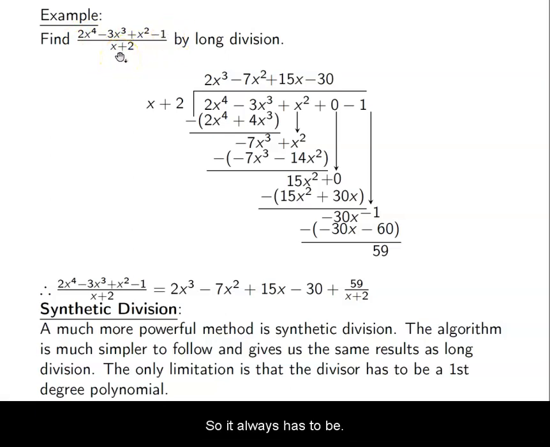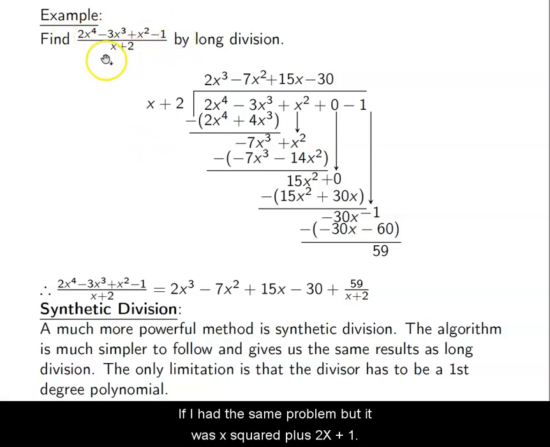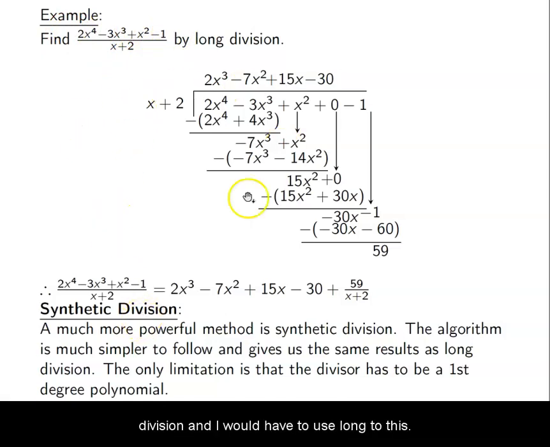So it always has to be a linear divisor. Polynomial size does not matter. For example, if I had the same problem, but it was x squared plus 2x plus 1 dividing the numerator, I could not use synthetic division and I would have to use long division.